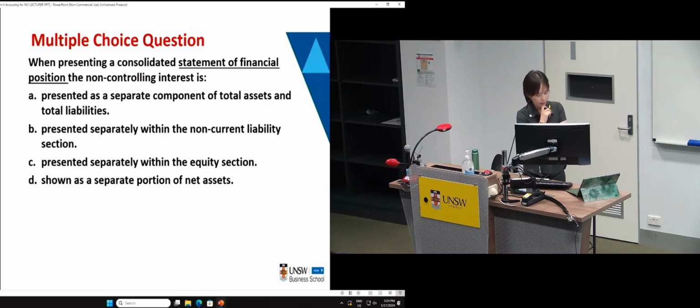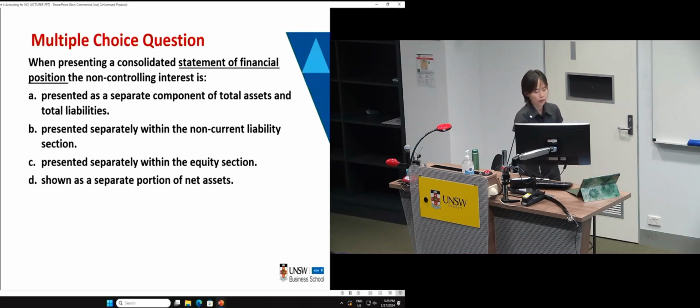All right, now let's look at the next MCQ question. So this one is C, right?